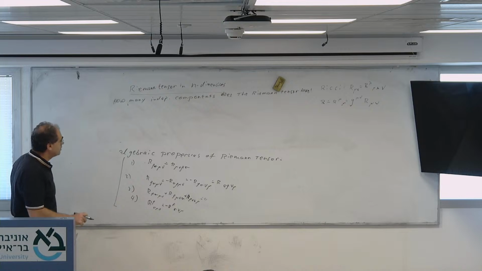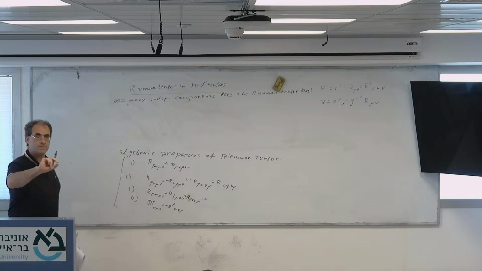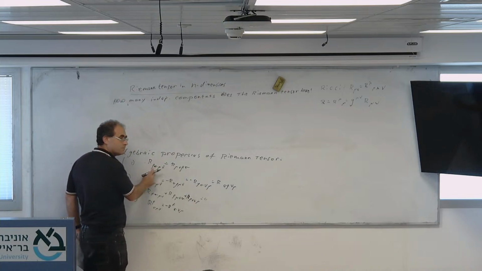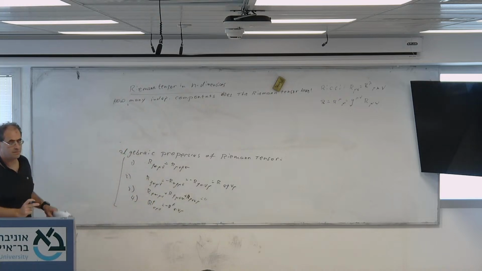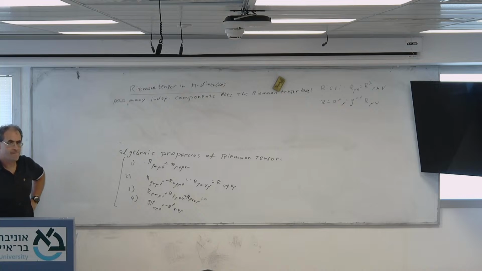It's anti-symmetric in exchange of the first 2 indices, anti-symmetric in exchange of the last 2 indices, and symmetric in exchange of the 2 pairs of indices. So how many independent components would that have?